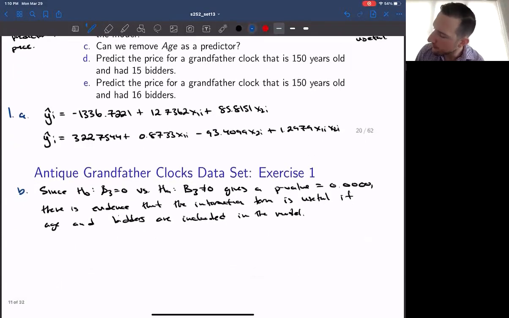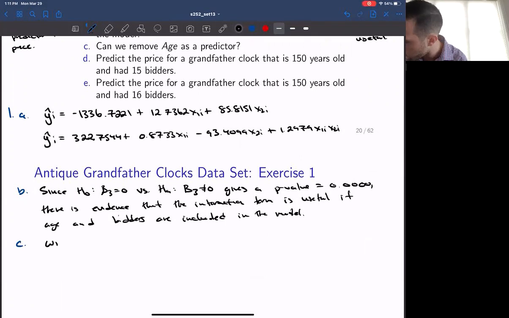Okay, part C asks, can we remove age as a predictor? All right, so this is with respect to the interaction model.